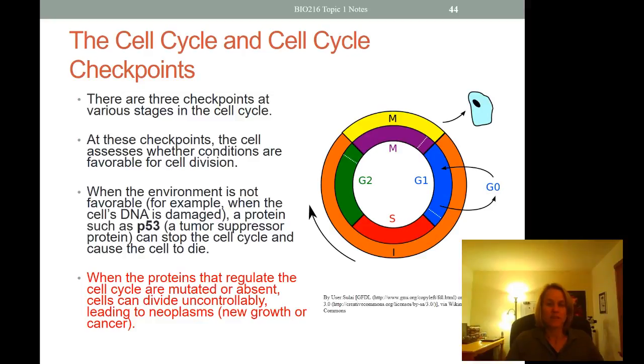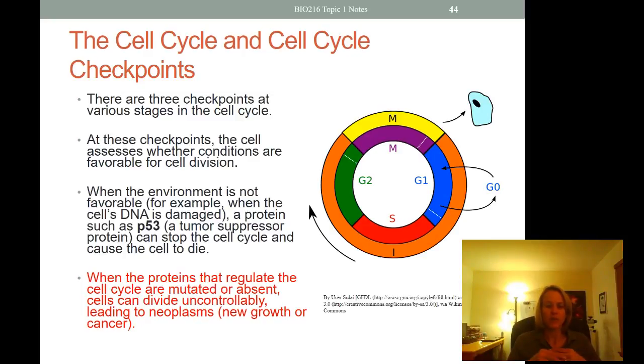So let's look at the cell cycle and cell cycle checkpoints. There are 3 checkpoints at various stages in the cell cycle. At these checkpoints, the cell can assess whether conditions are favorable or not favorable for cell division.